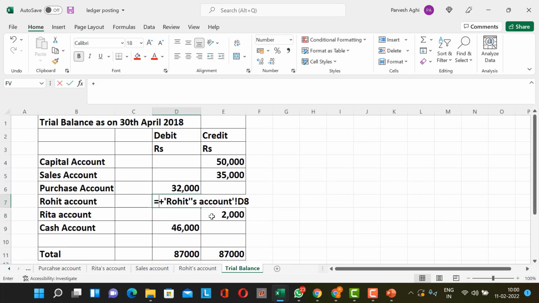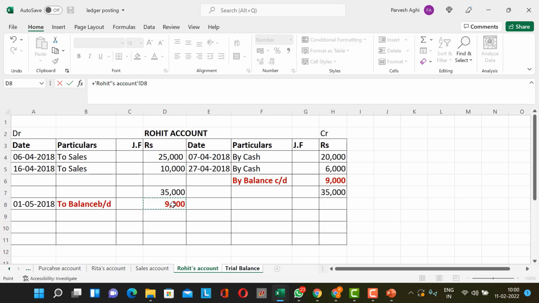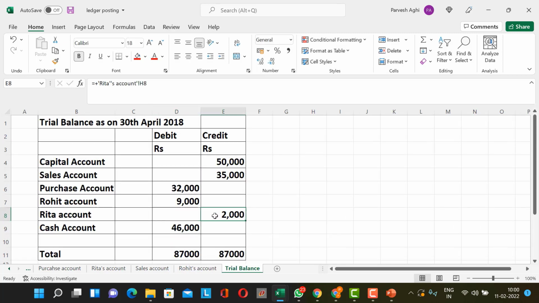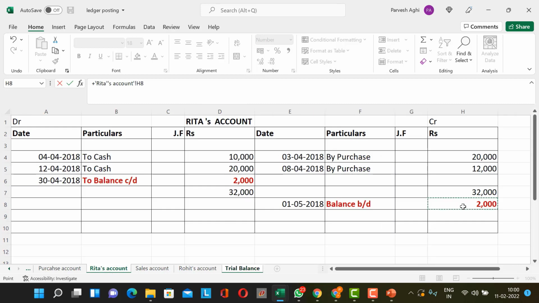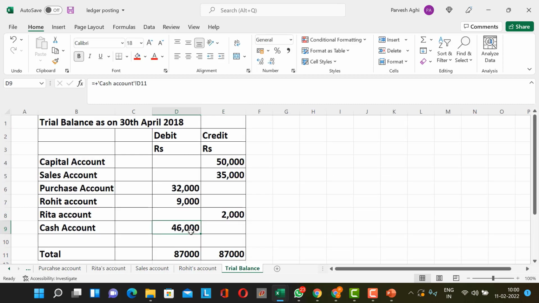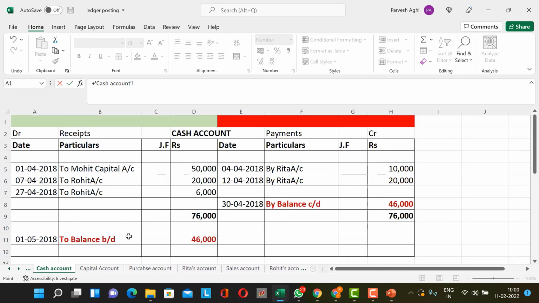Rohit's account: this balance of 9,000 is still receivable from him. Rita, 2,000 still payable to Rita. So all the money which is still outstanding will come here. Cash: what is the cash balance I have in my account? This will show you how much money I have. It is a debit balance.